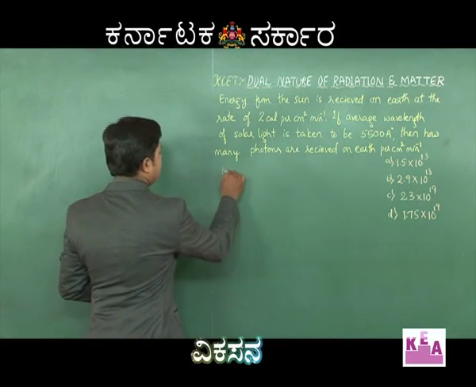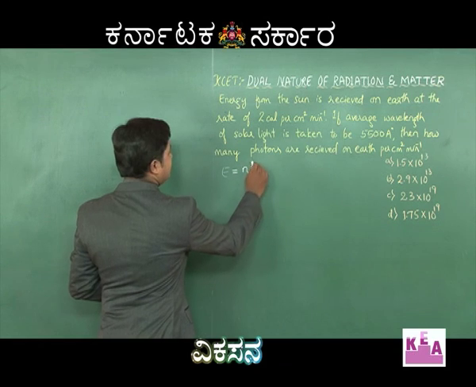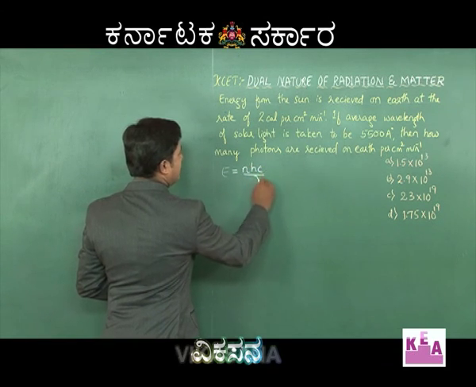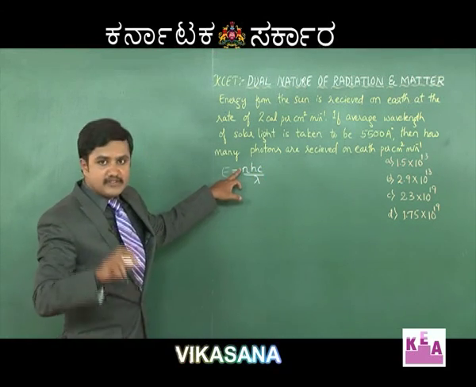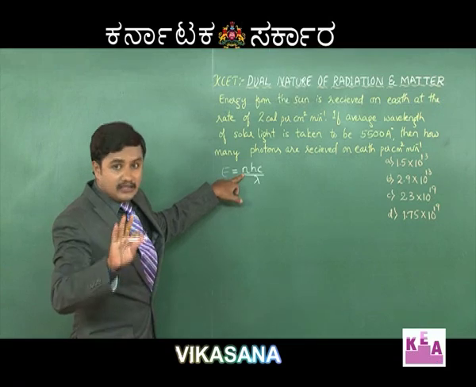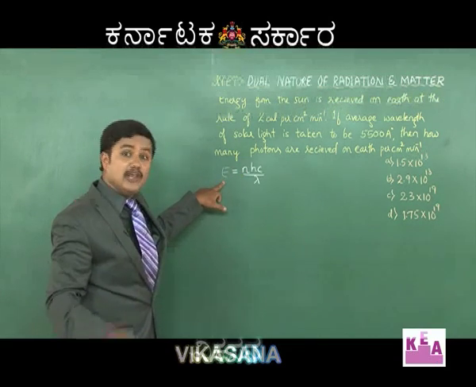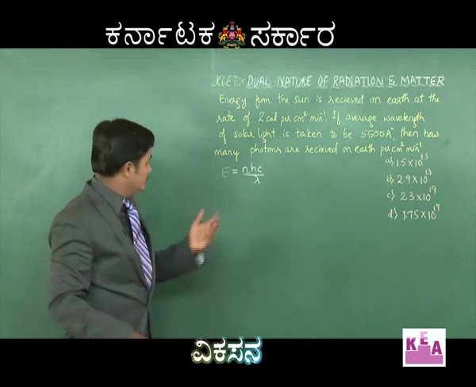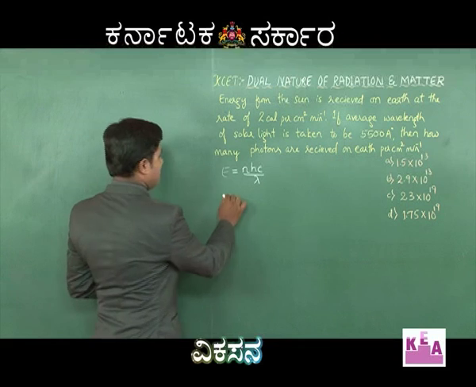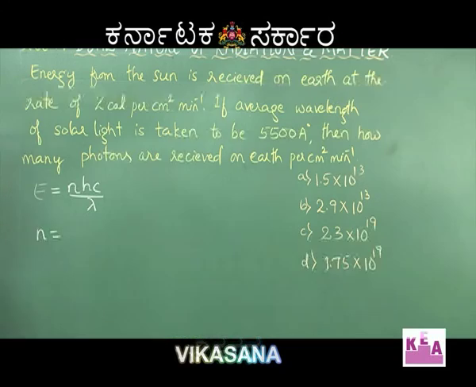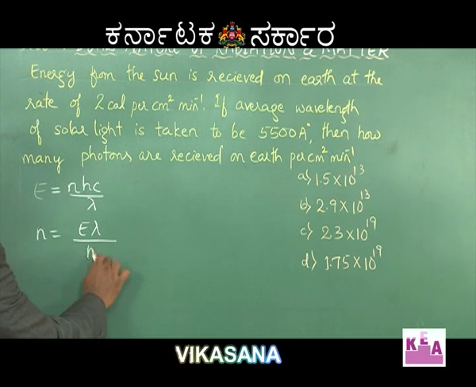You all must be familiar with this. In this, we are supposed to find out N. They have given you the energy along with the wavelength. Let me directly take the number of photons emitted as N is equal to E lambda divided by h c.